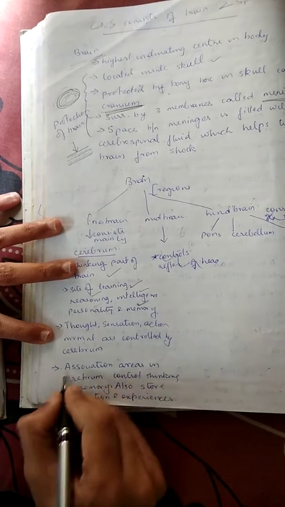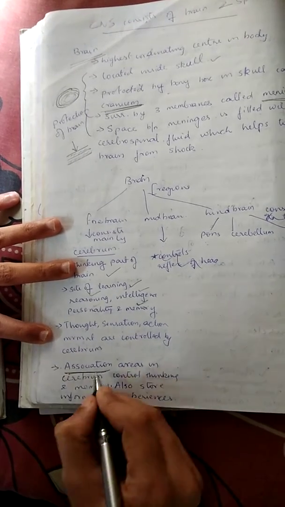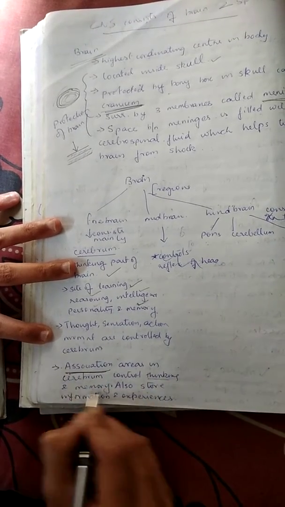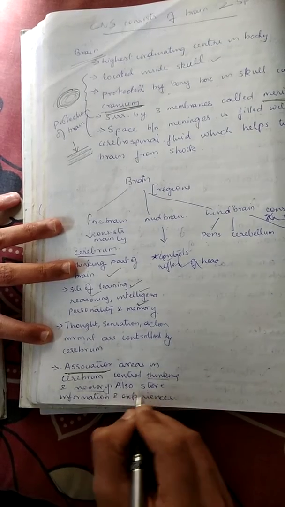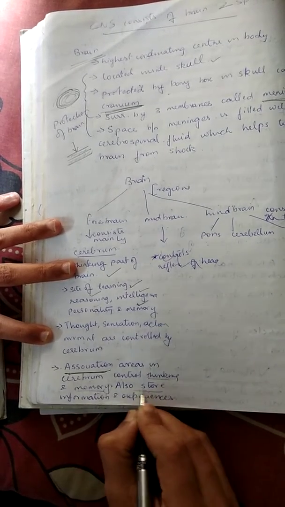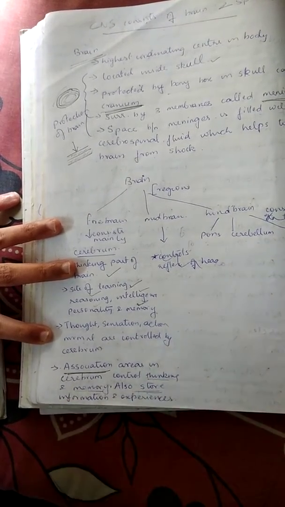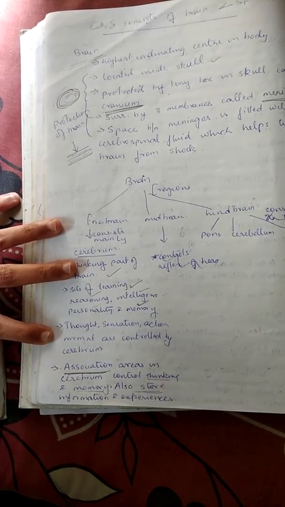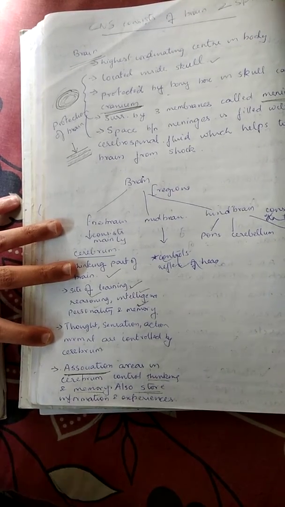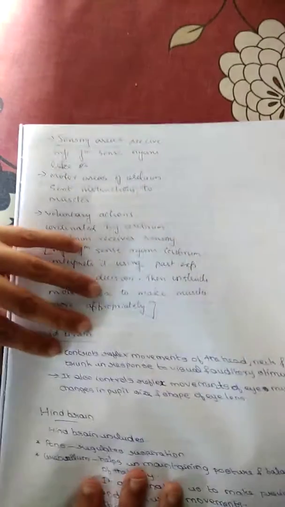The cerebrum has association areas, which control thinking and memory and store information and past experiences. There are also sensory areas.